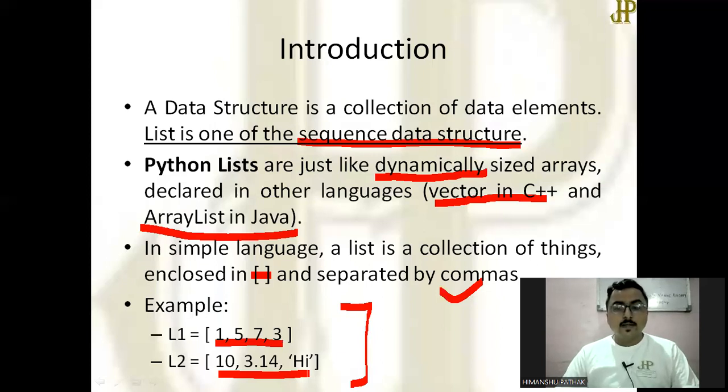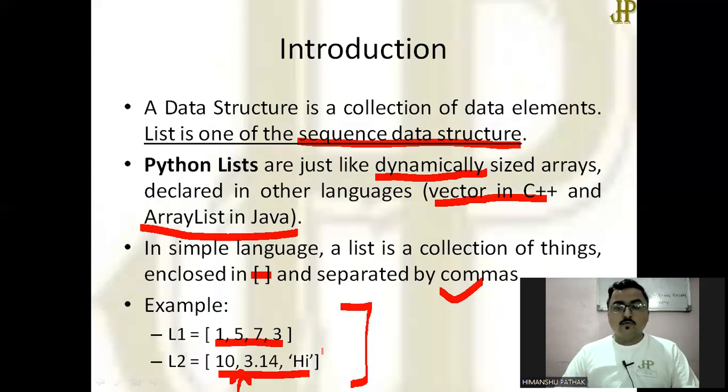In an array, you can store data which are similar. Either you can create an integer type array, float type array, or string type array, but here you can include various types of data in a single list. Here, the first element is an integer, the second element is a floating point number, and the third one is a string. That can be possible in Python.